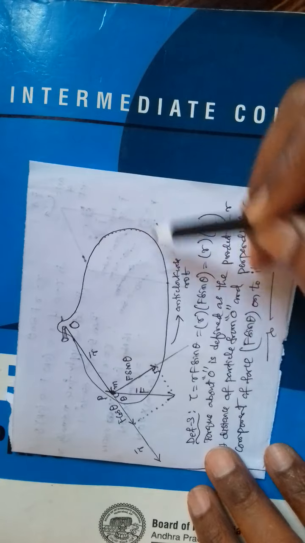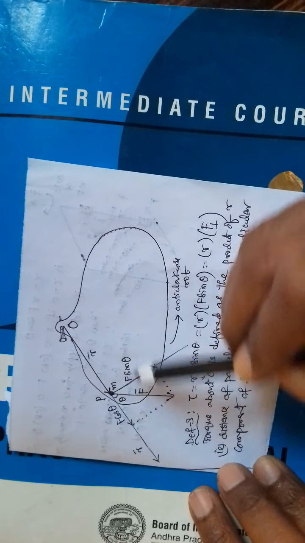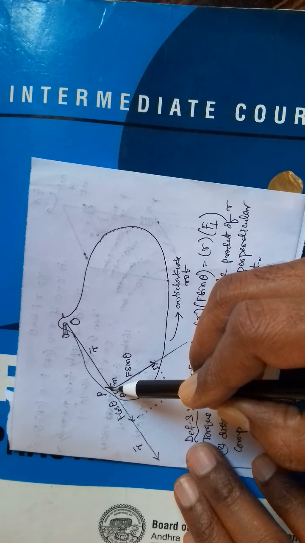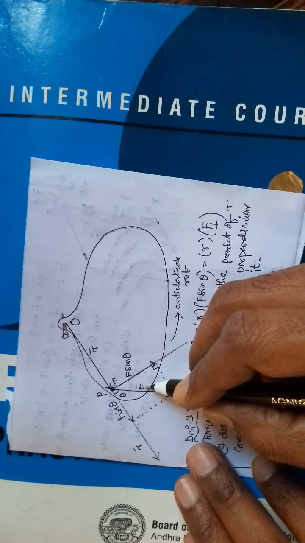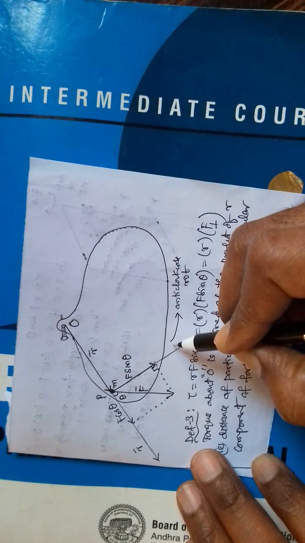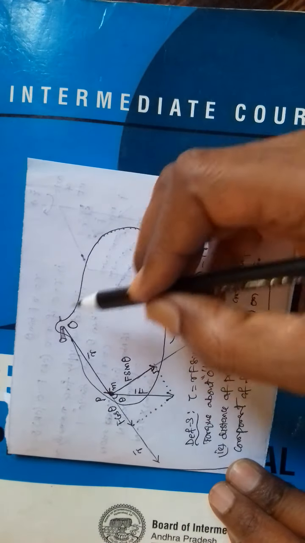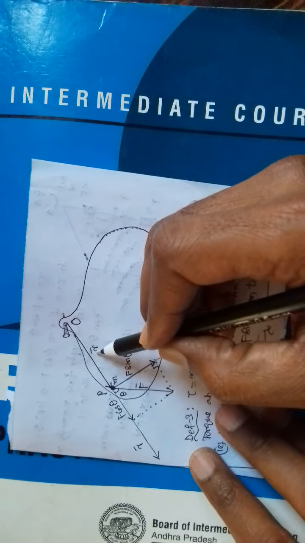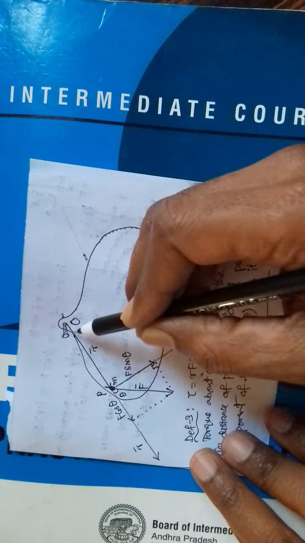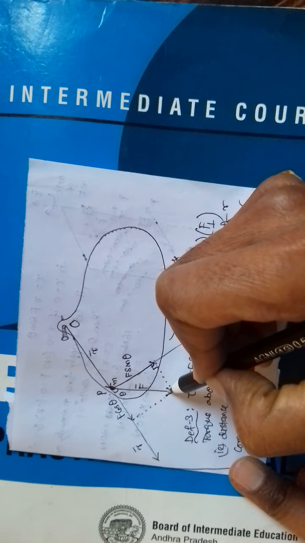Now see the same figure. The plane lamina is hung from here. Here you have chosen a mass particle, and if you apply force F on that, it rotates anti-clockwise. Now the position vector from the point of pivot to the mass particle, from here to here, is the position vector, and this is the force vector.